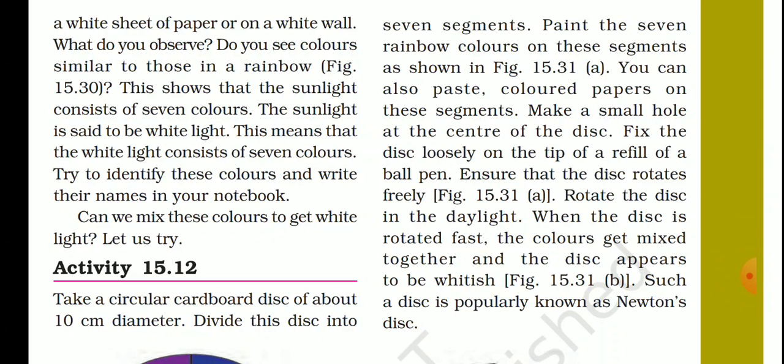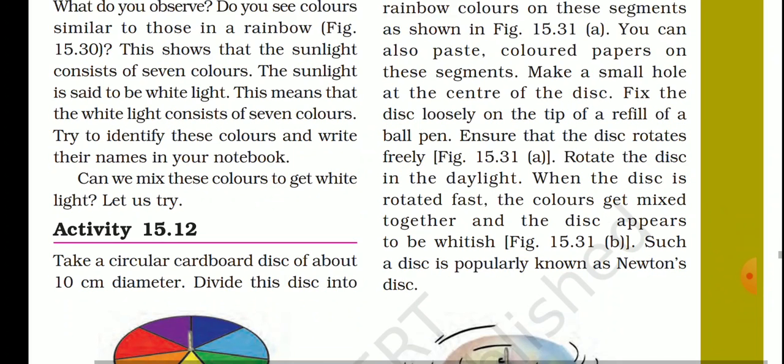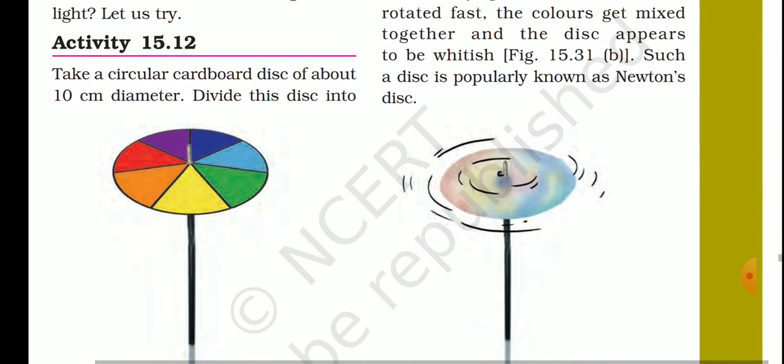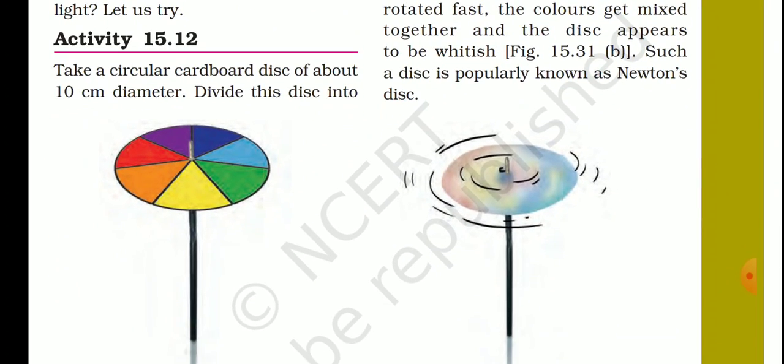You can also paste colored papers on these segments. Make a small hole at the center of the disc. Fix the disc loosely on the tip of a refill of a ball pen. Ensure the disc rotates freely. Now rotate the disc in daylight. When the disc is rotated fast, the colors get mixed together and the disc appears whitish. This disc is popularly known as Newton disc. We already discussed it. You can see the diagram is also given in the book.